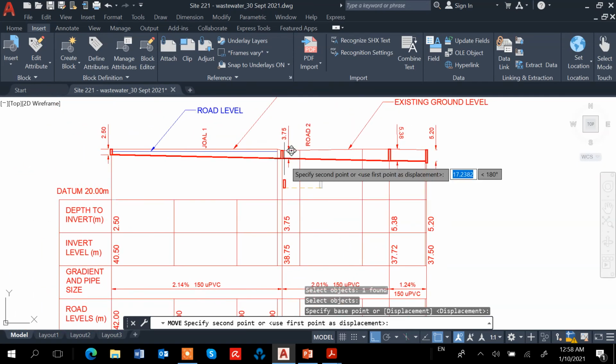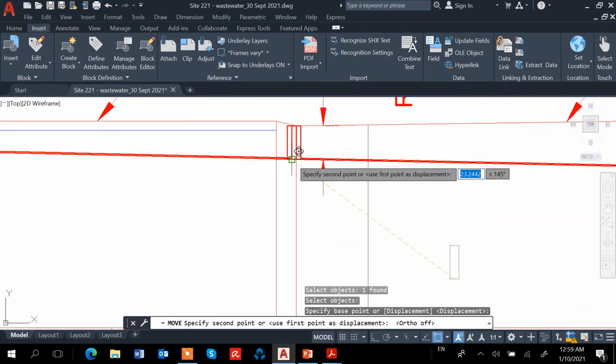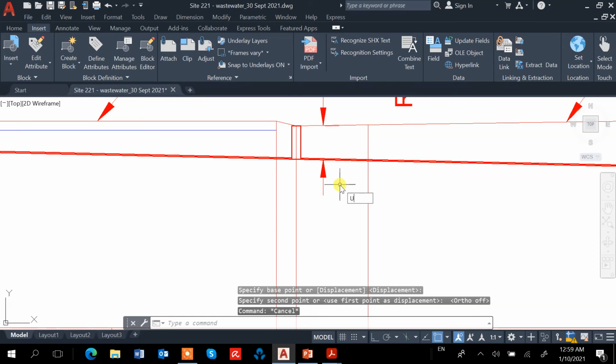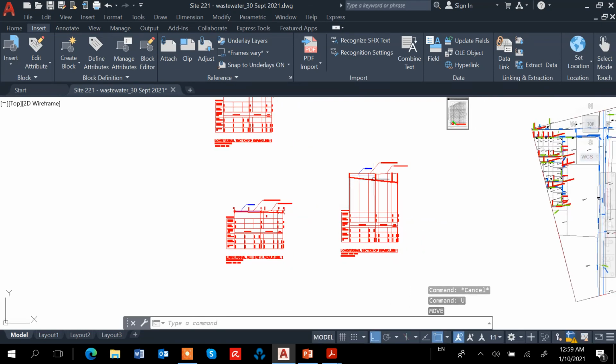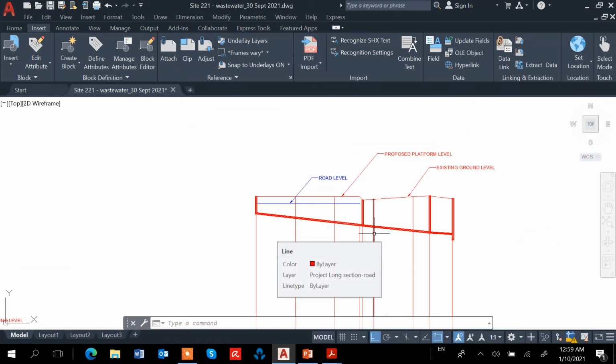I just put it F8. I just move it here at the bottom of this line. So yeah, that's the position. Actually this is double, so I just put it out again. So I got all these things here just like this. I did it horizontally and vertically at the same scale, 1 in 1000.